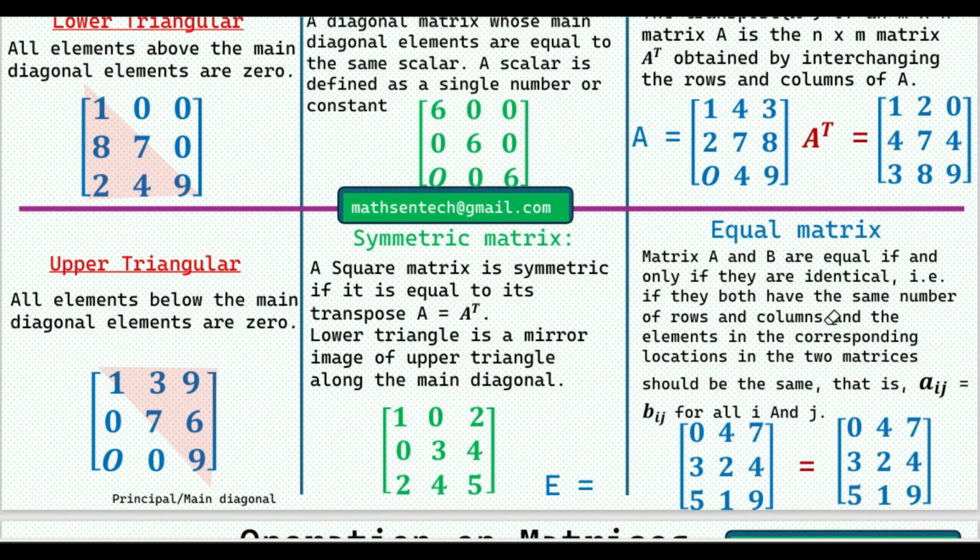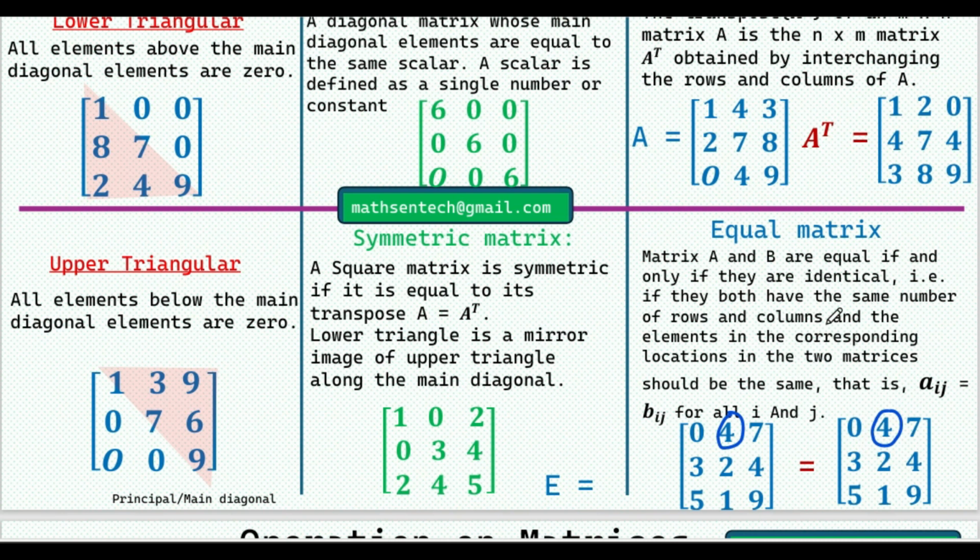So for example, in location 1, 2, for our first matrix, which element do we have on position 1, 2? 1, 2 meaning the first row, the second column. That of course is 4. On our other matrix, the same position 1, 2, we also have 4.